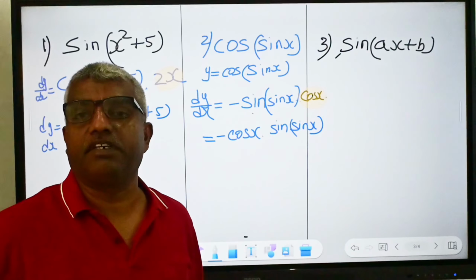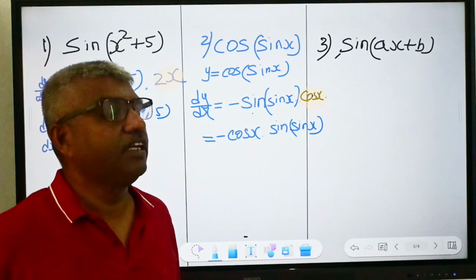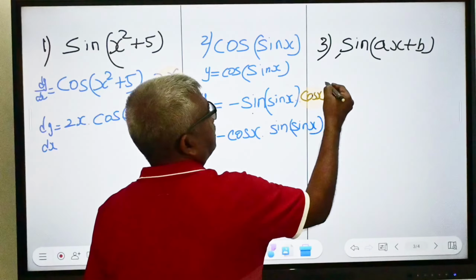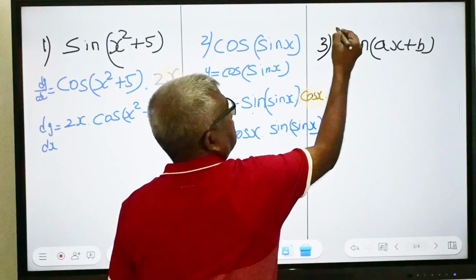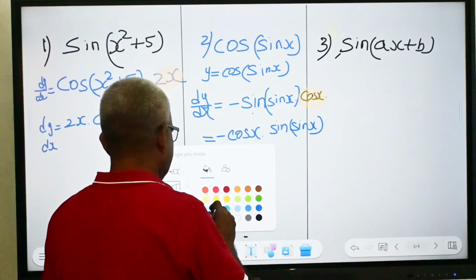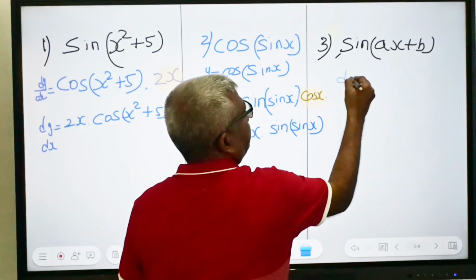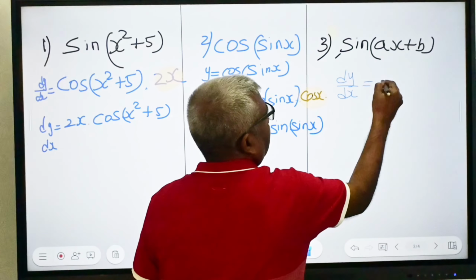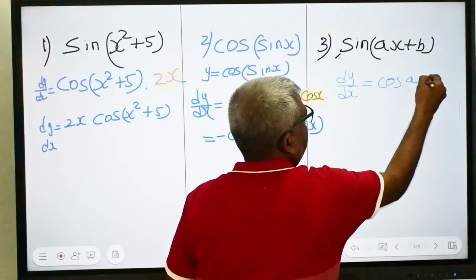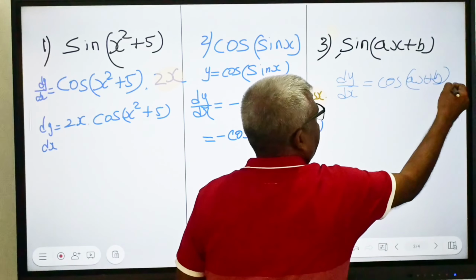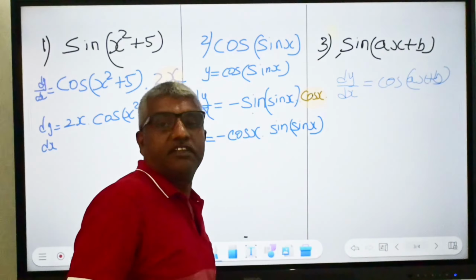Sin of ax plus b. Let y equal to sin of ax plus b. Then dy by dx is equal to cos of ax plus b times the differentiation of ax plus b.